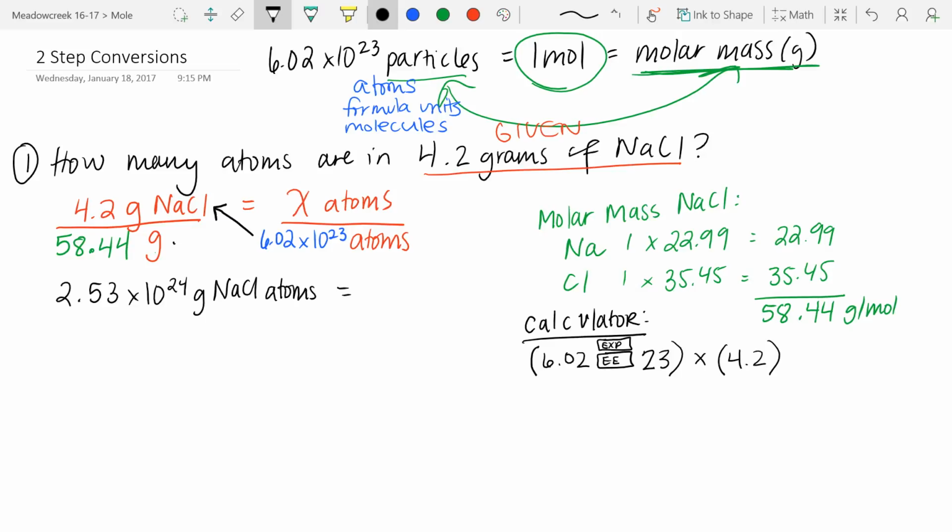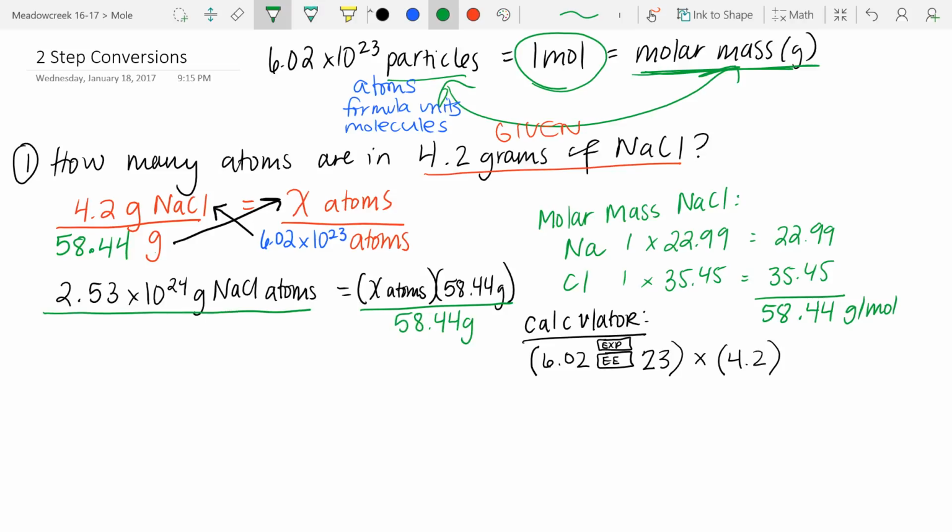We're going to set that equal to the other cross multiplication section, which would be our X number of atoms times 58.44 grams. And in order to get our atoms by themselves, we're going to need to divide on both sides by 58.44 grams.